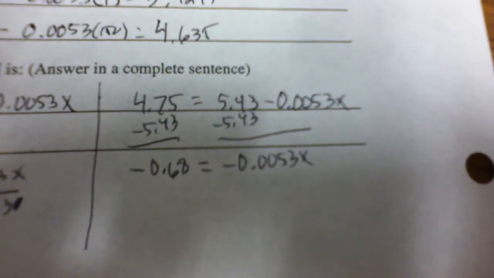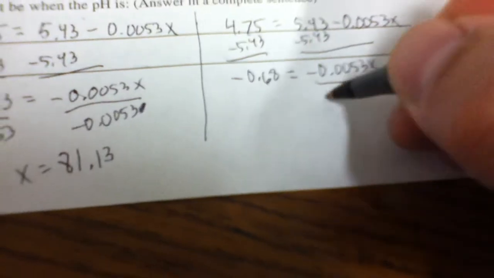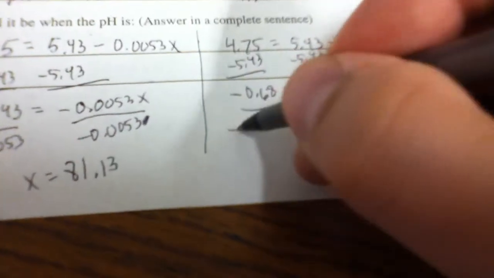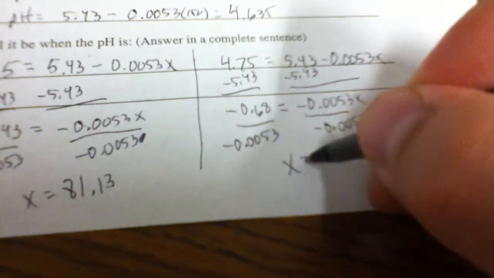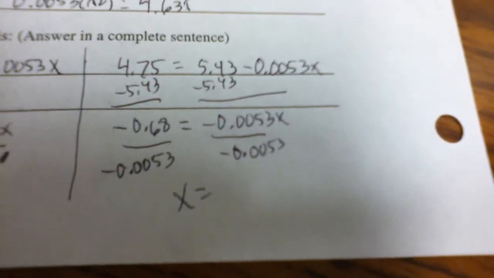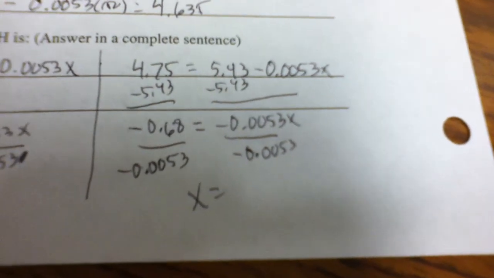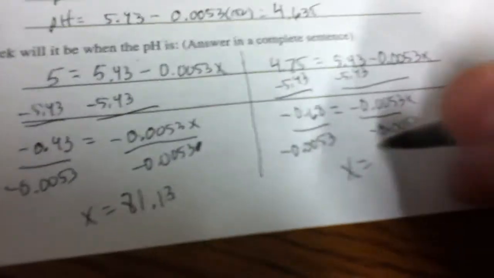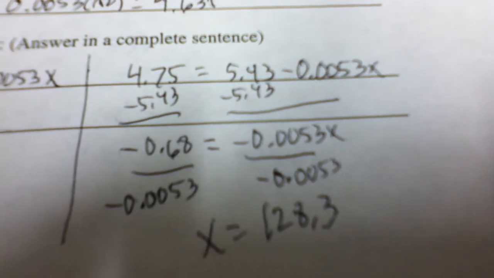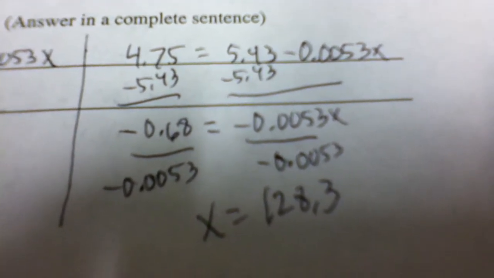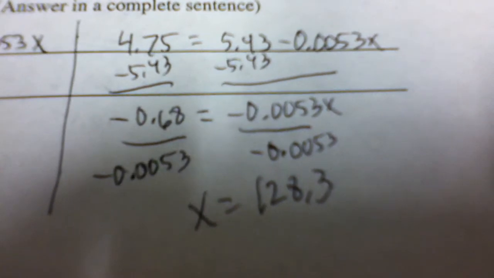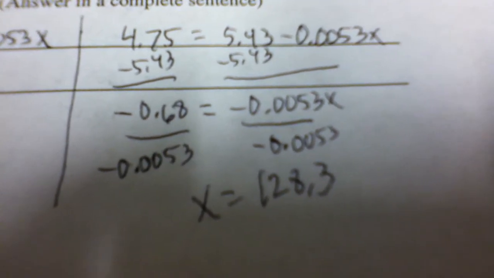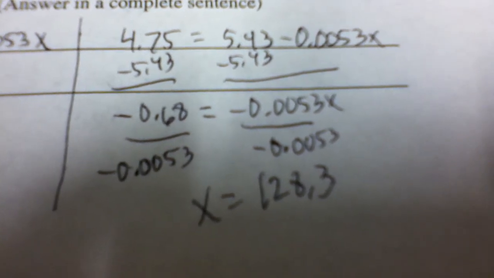To get rid of times negative 0.0053, we divide by negative 0.0053, which gives us x equals 128.3. So in a sentence, the pH will be 4.75 at week 128.3.